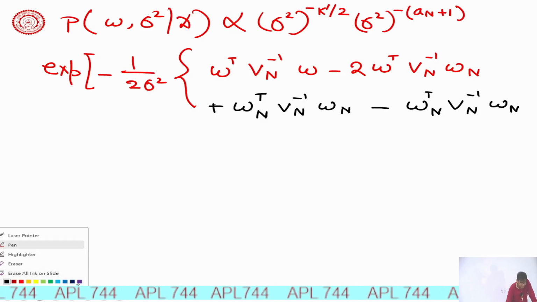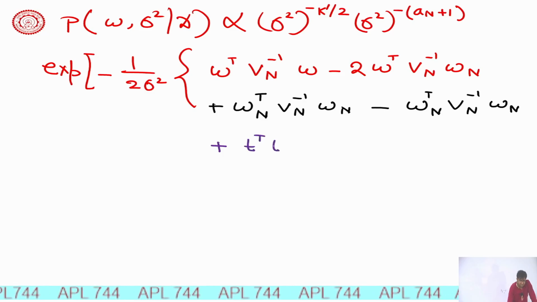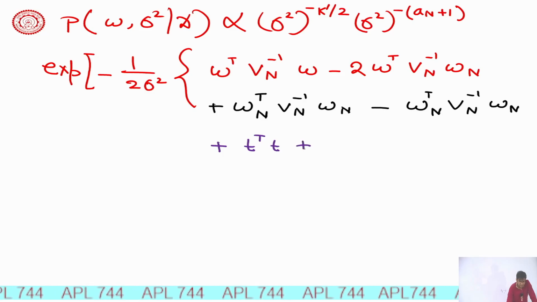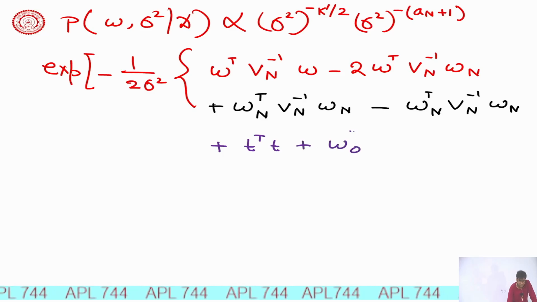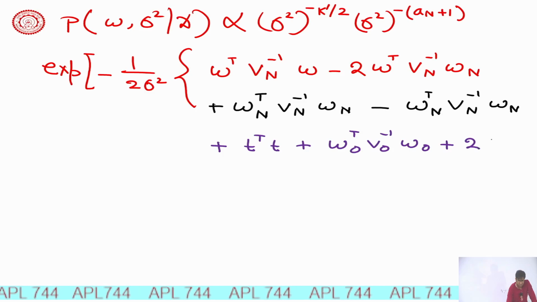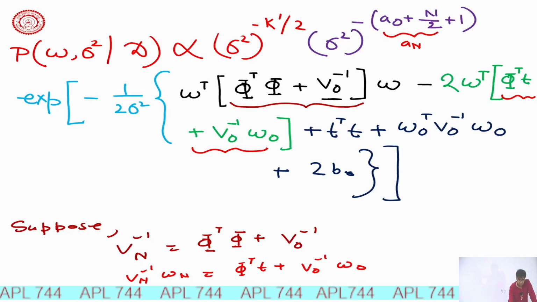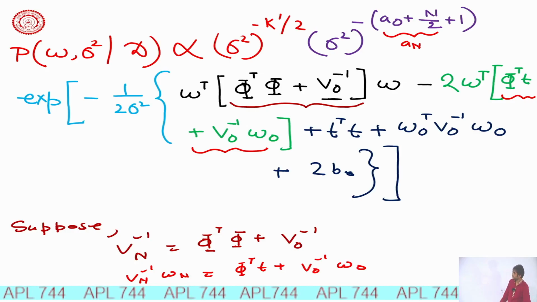So what were the remaining terms? Plus, there was T transpose T, I remember. Plus, I remember there was W naught transpose V naught inverse W naught plus 2 V naught. If I am not wrong, these are the terms that were there. Right? Yeah. So the last three terms.